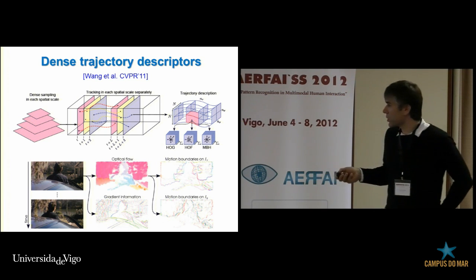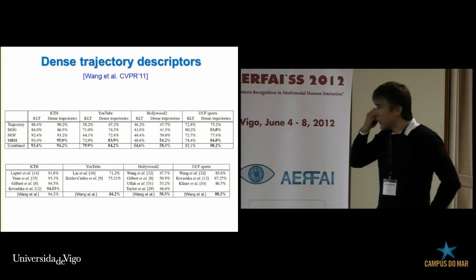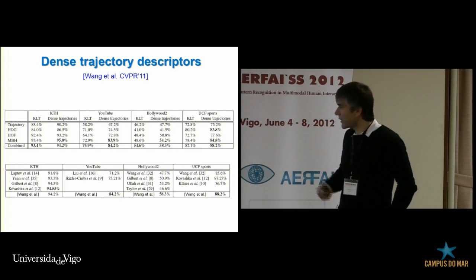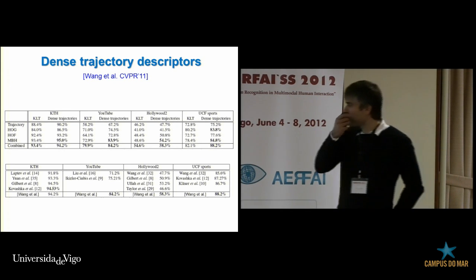This is an additional descriptor called MBH, and it doesn't improve hugely, but it improves consistently. They show it on 4 different data sets, and they show a consistent improvement. If they take HOF and motion boundary histogram and combine all the 3 together, they get improvement in all of them.